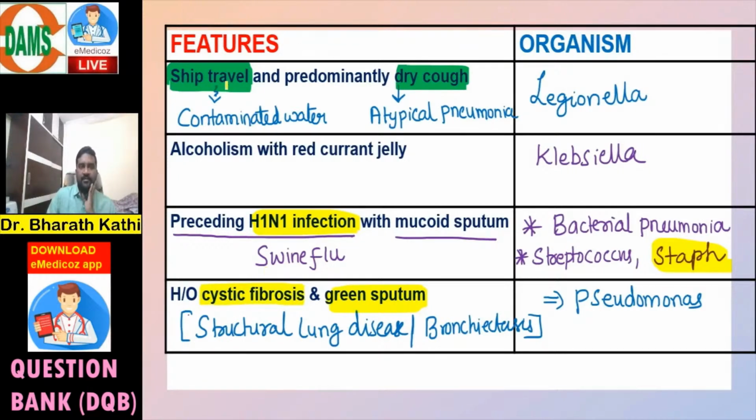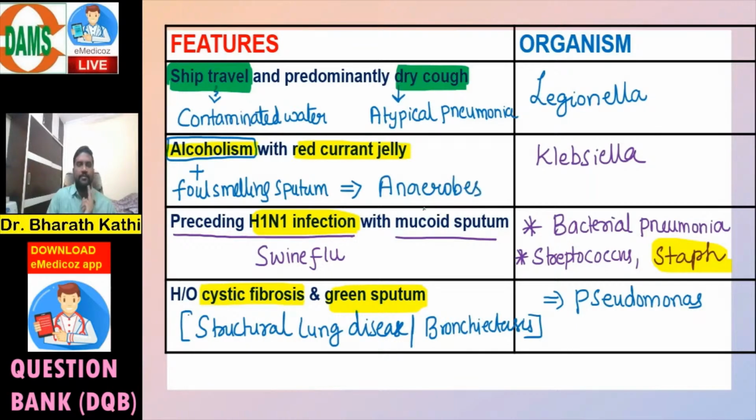Ship travel, as discussed earlier, with dry cough: Legionella. If the keyword is alcoholism with red currant jelly sputum, it is Klebsiella. If they mention that the patient is alcoholic and has foul smelling sputum, then your answer organism should be anaerobes. There can be a lung abscess due to anaerobes.